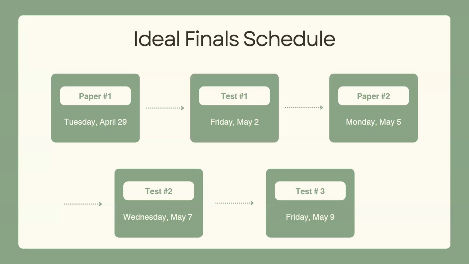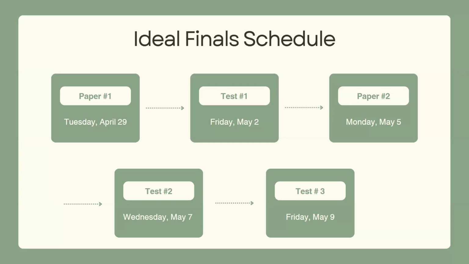So if one paper is due April 29th and then a test is May 2nd and then the next paper is May 5th, these assignments are staggered so that you can spend 2 or 3 days beforehand focusing only on that one assignment, and you can develop your plan in one mental space and have that flow carry you through those days.